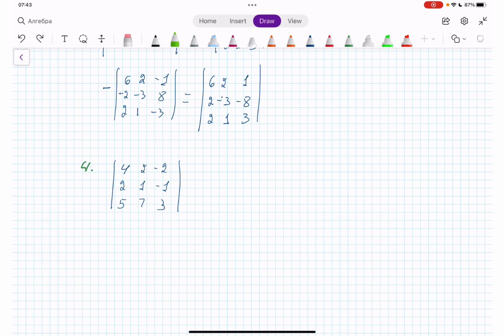Or if we reduce, we can say they are the same. Therefore, the determinant is equal to 0.